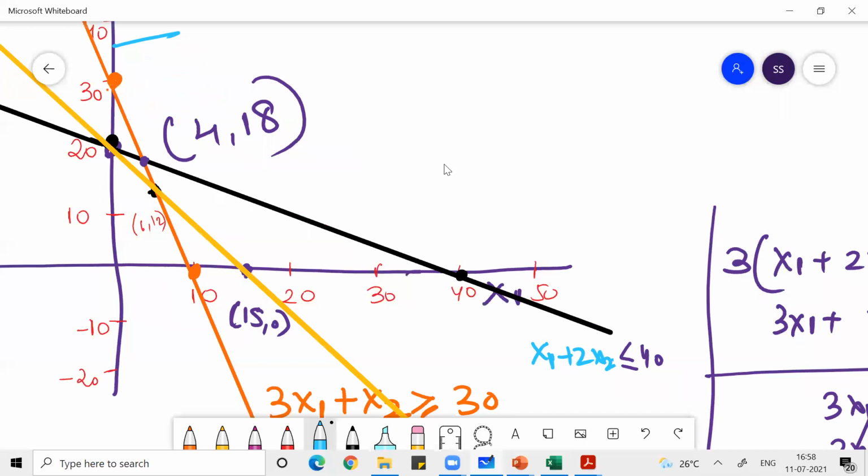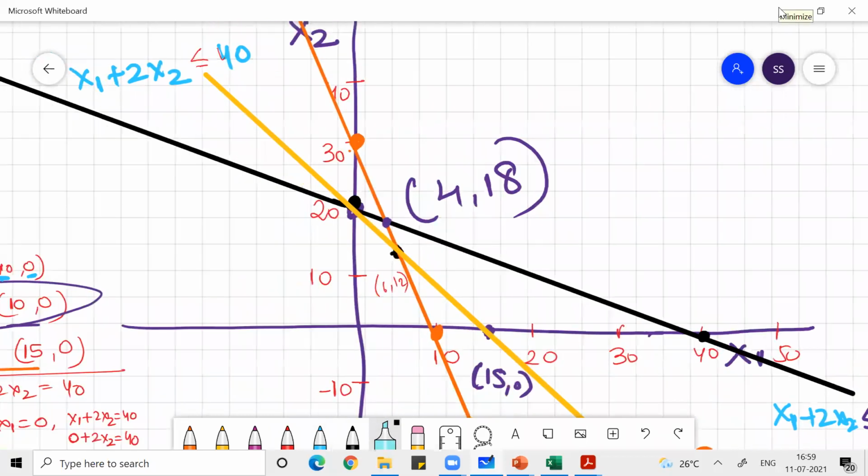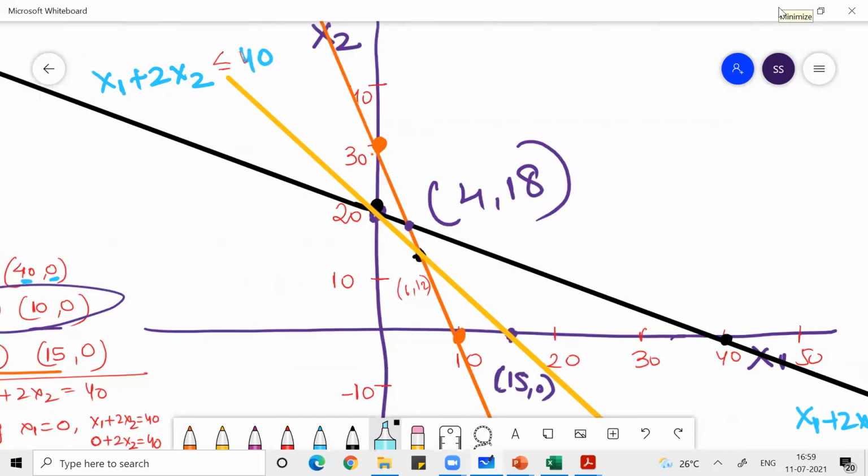Guys, please do not talk now. Now coming back to the problem. If you remember, the first line, what was the area for the first line, guys? This was the area of the first line, less than or equal to.